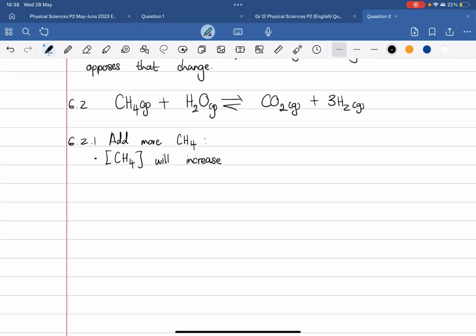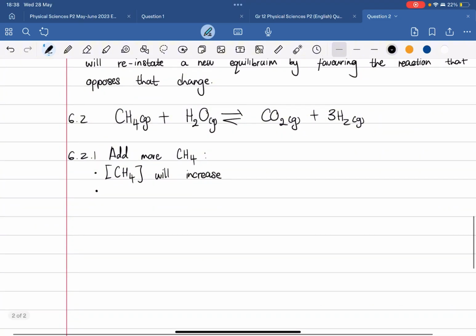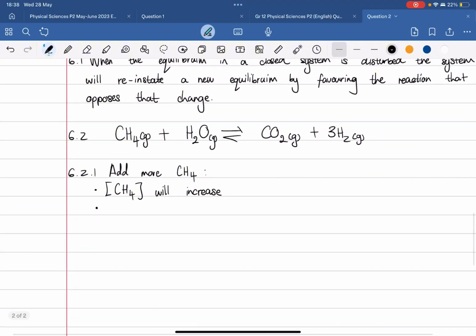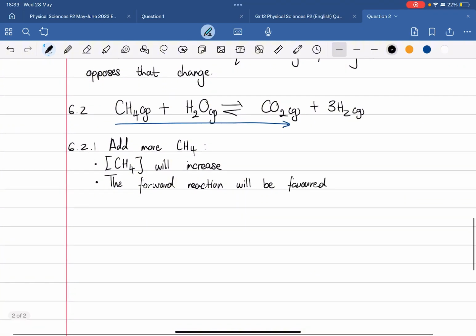When you increase the concentration of CH4, what then happens is the system will now try to decrease the concentration of CH4. It does that by favoring the forward reaction. So when you increase the concentration of CH4, the forward reaction is what uses up that increase in the concentration. So therefore the forward reaction will be favored.